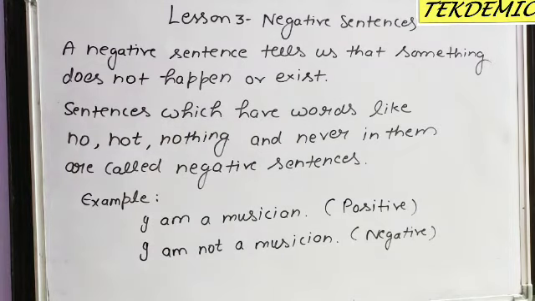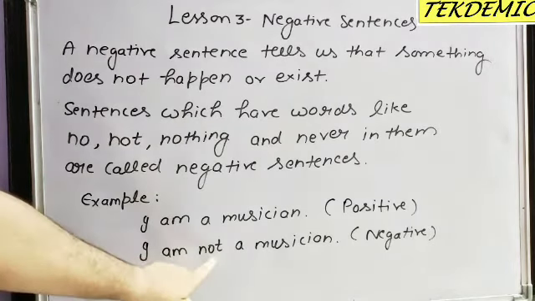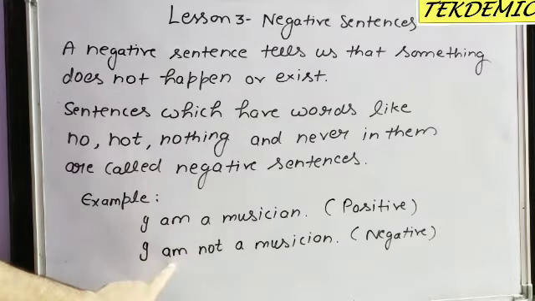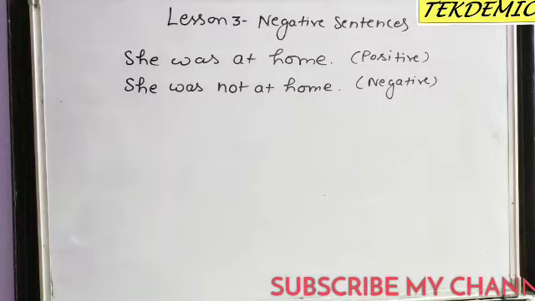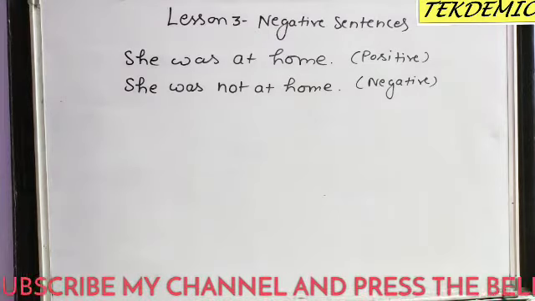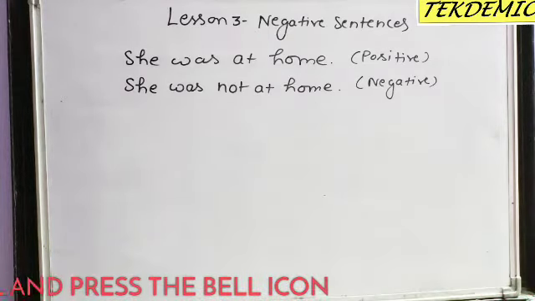So how did we make it negative? We include not just after the helping verb am. Okay, it means if we put not just after the helping verbs, we will make it negative.